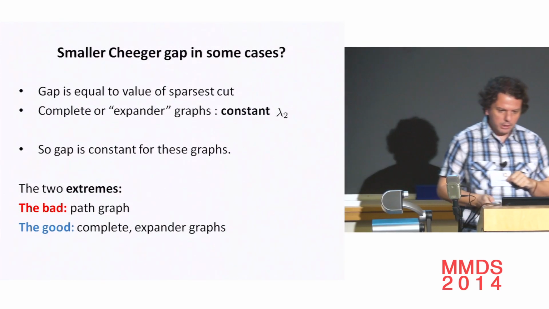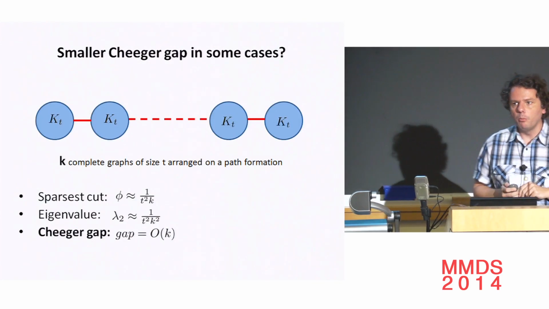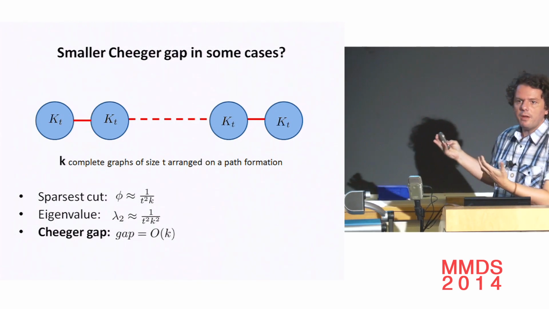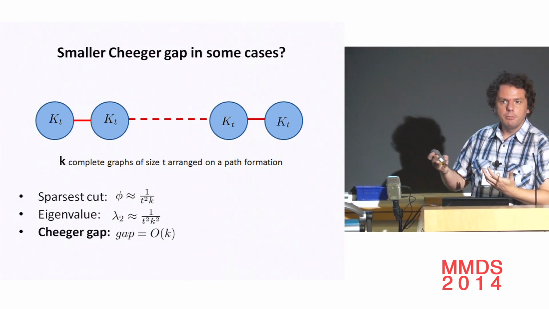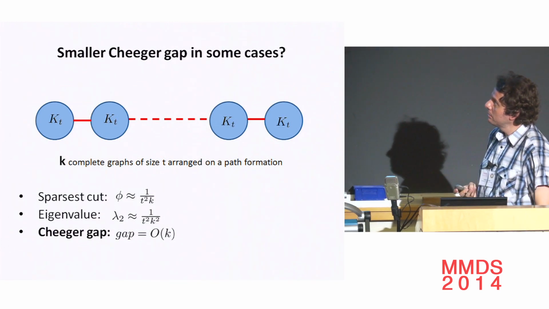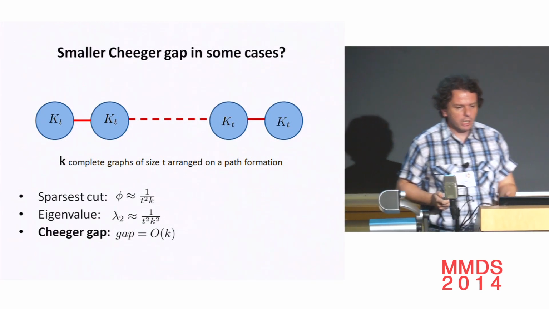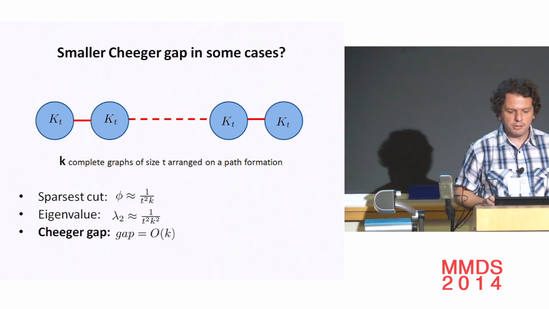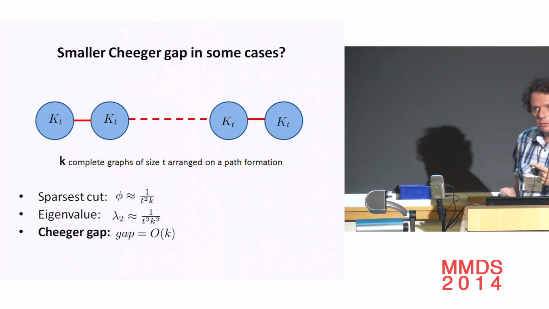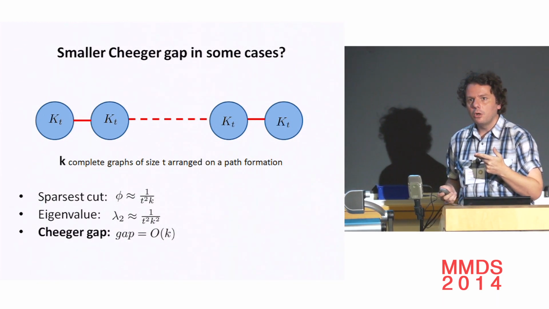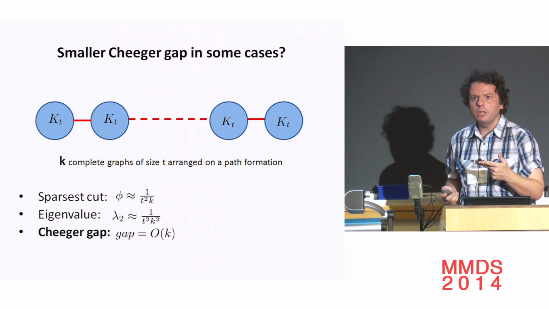An idea is to combine the two cases: we just have k expander graphs arranged in this path fashion. In this case, we can calculate and find that the sparsest cut and the eigenvalue have a Cheeger gap of order k, about k.